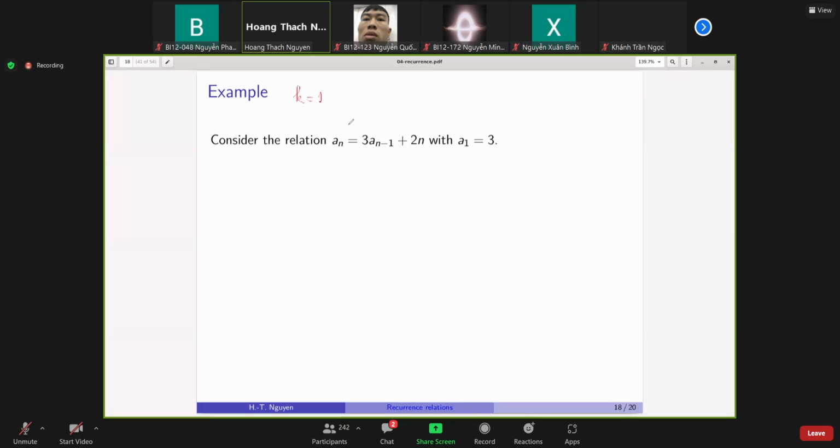The associated homogeneous relation is this simple relation a_n equals 3a_{n-1}, and your function f(n) is this linear function f(n) equal to 2n. Okay, so you can easily see that a general solution to the associated homogeneous relation is a_n equal to alpha times 3 to the power n.